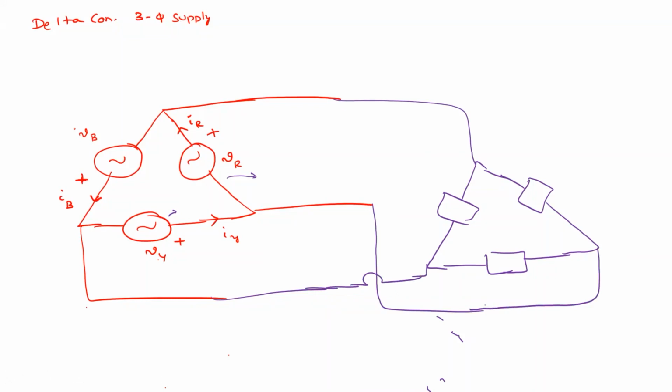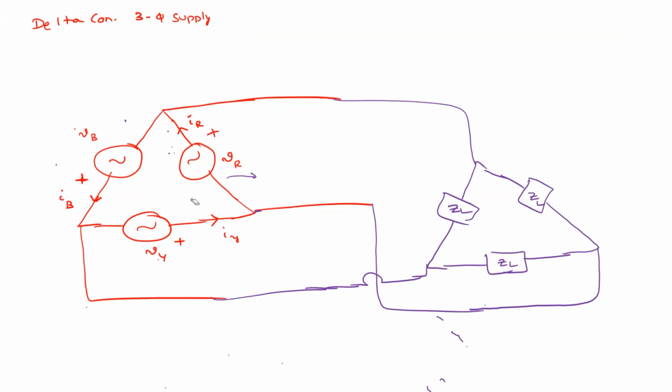Say this load is ZL, for example. Now tell me, what is the phase voltage here? The voltage across this winding, that is the phase voltage. So this is the phase voltage and this is the phase voltage. Agree?